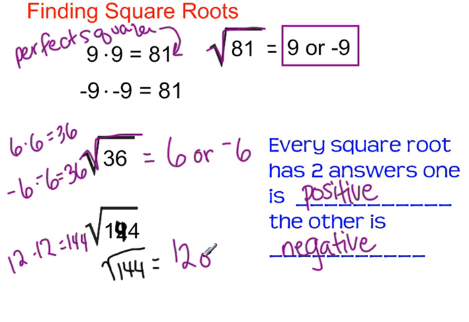What would be the other number? -12, because -12 times -12 would also be 144. These numbers, 81, 36, and 144, are perfect squares.